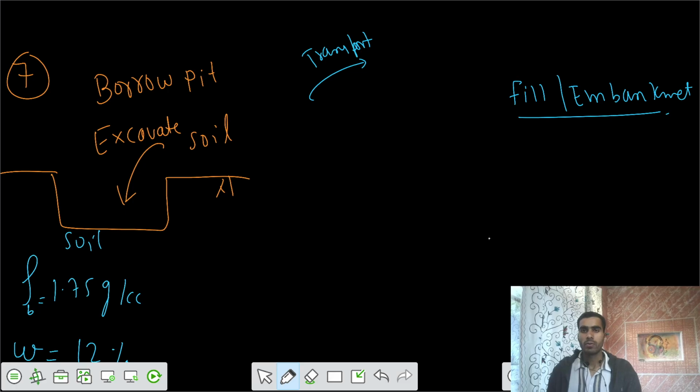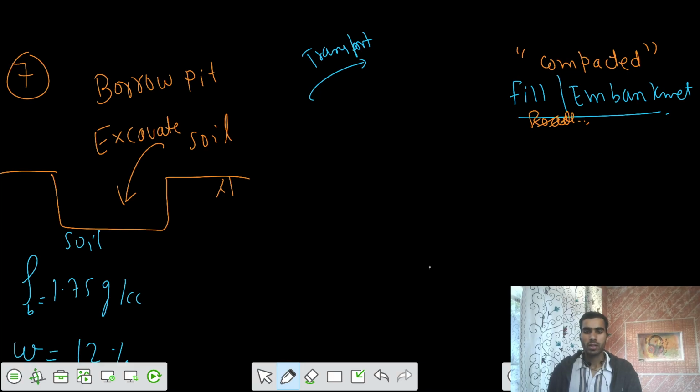At that location, I want to fill that soil. The soil here should be compacted, let's say for road construction or any other construction.